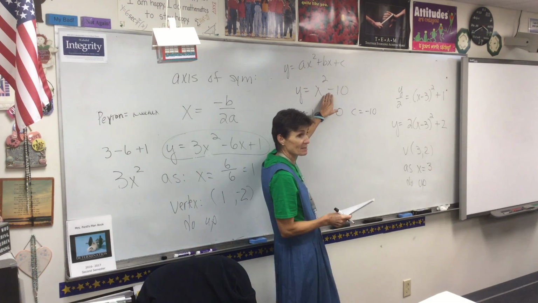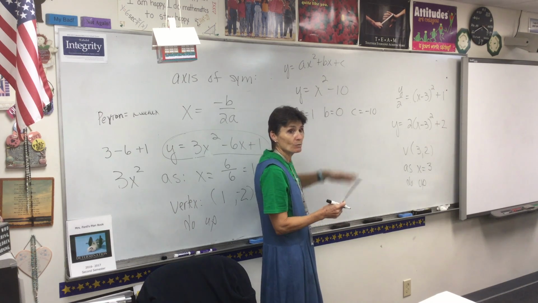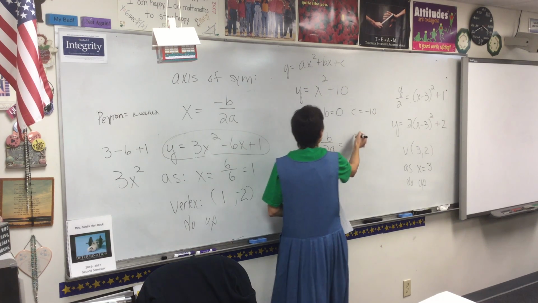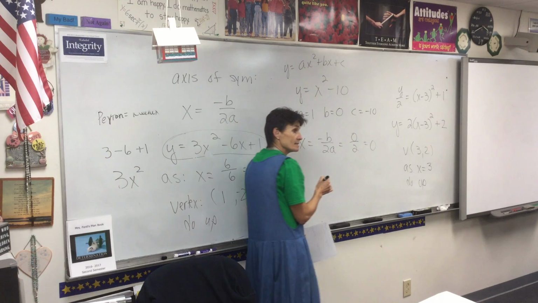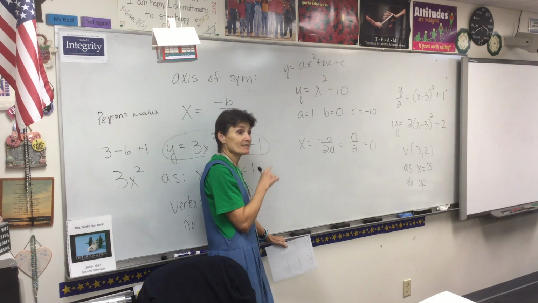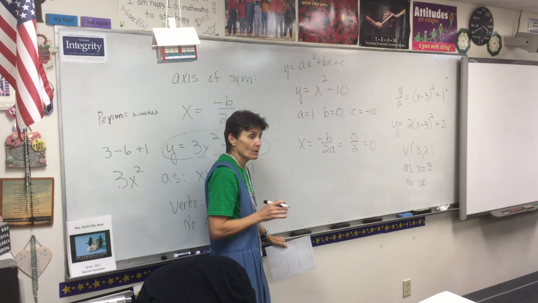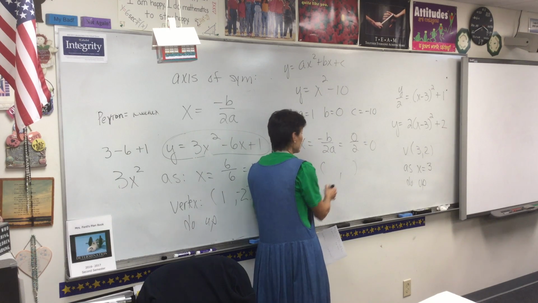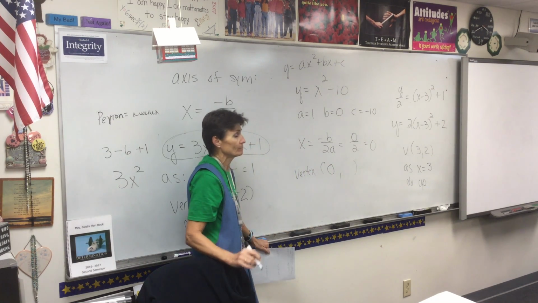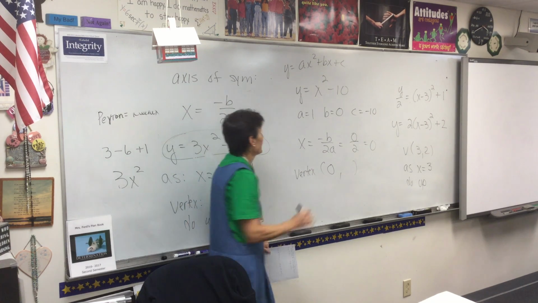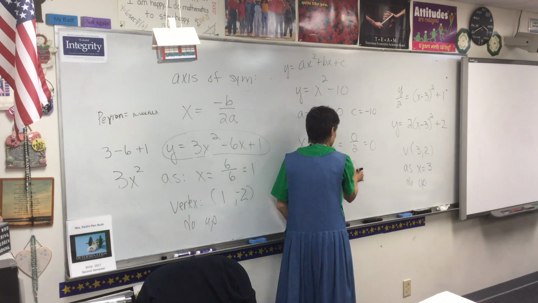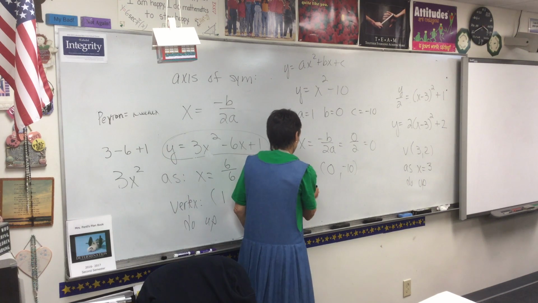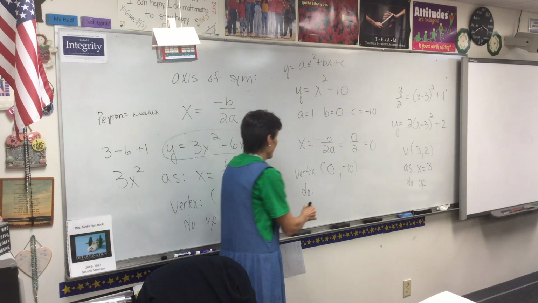Do you see how your b term is missing? x equals negative b over 2a. So we're going to have 0 over 2, which is 0. So our axis of symmetry is just 0, which means for our vertex, the x-coordinate will be 0. I plug that in, and I get negative 10. And my direction of opening is up.